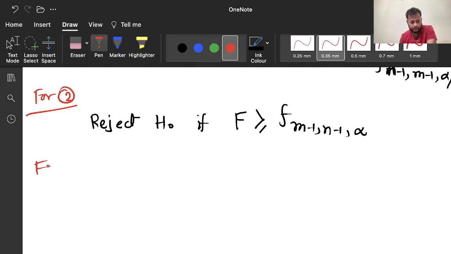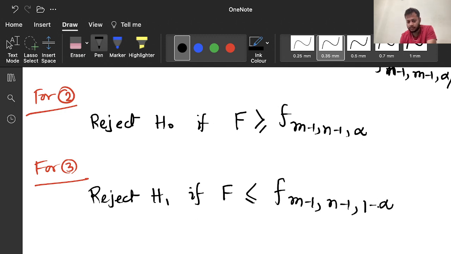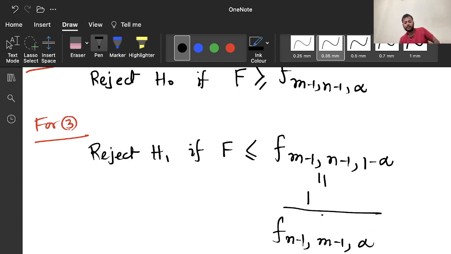And for 3, we reject H0 if F is less than or equal to F of m minus 1, n minus 1, 1 minus alpha, which is equal to 1 by F of n minus 1, m minus 1, alpha. So we get this from the definition of the F distribution.